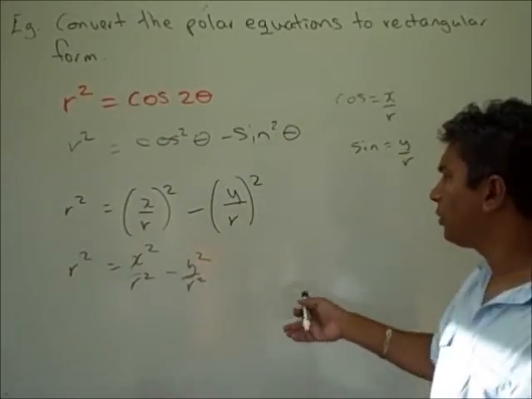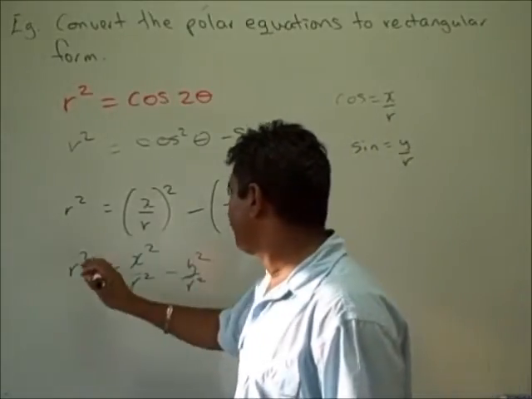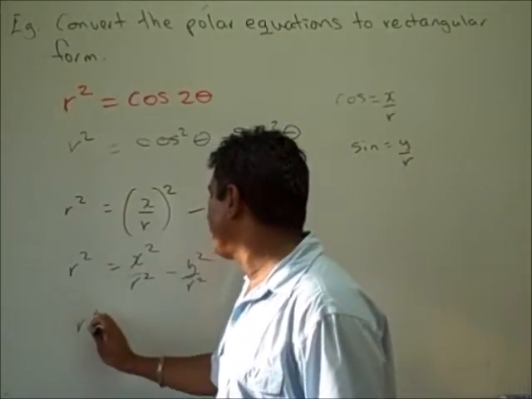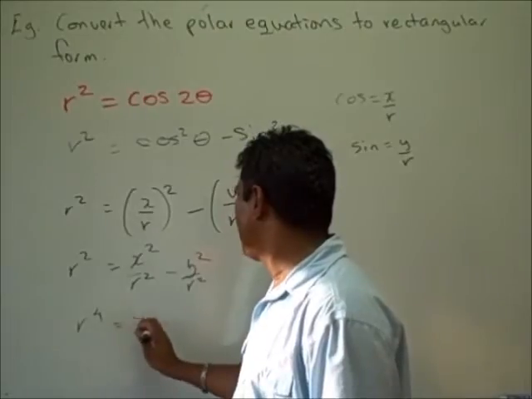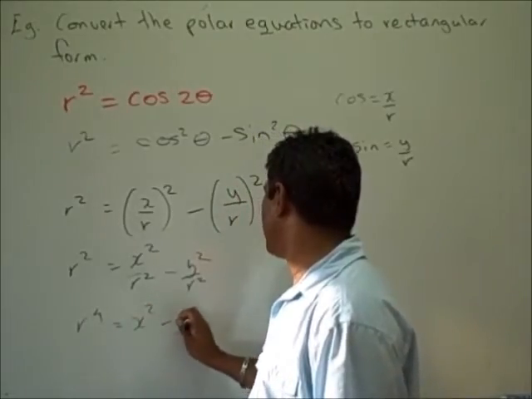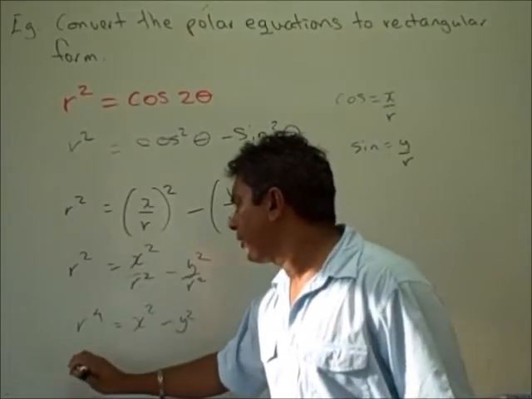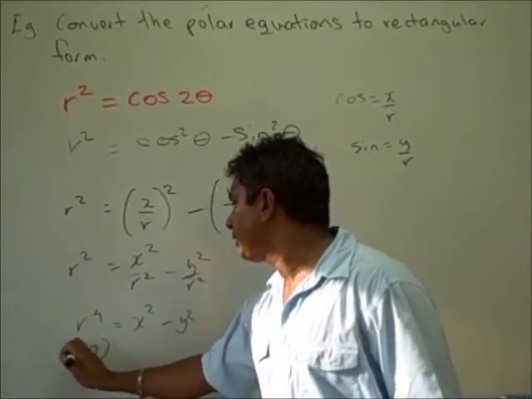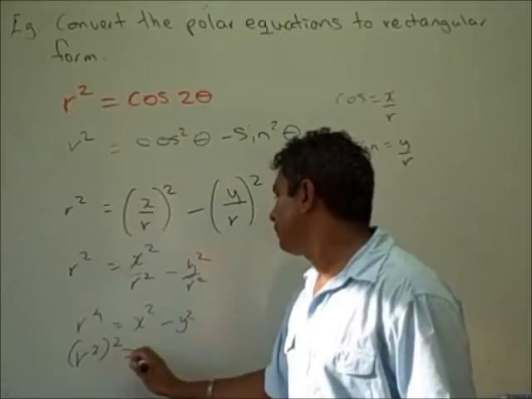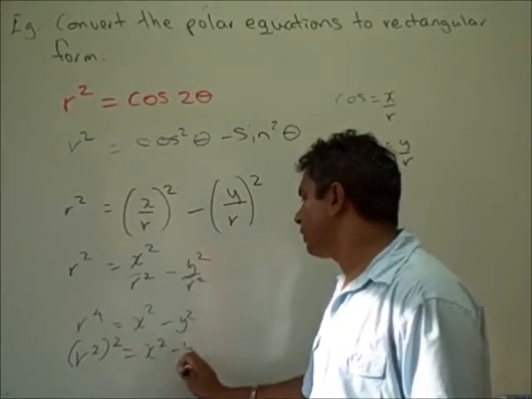Now if we multiply both sides by r squared, this becomes r to the 4th is equal to x squared minus y squared. R to the 4th is the same thing as r squared squared.